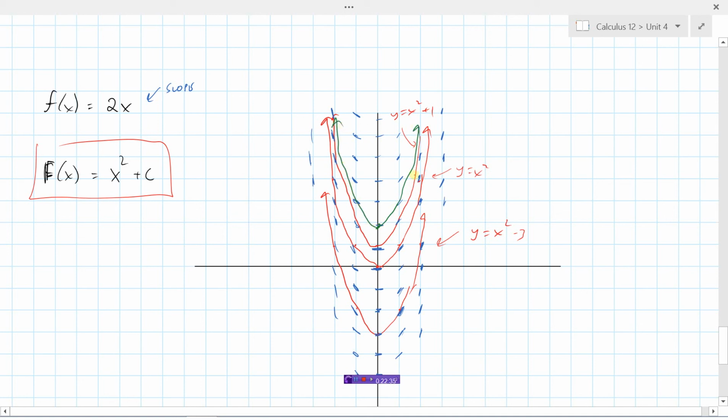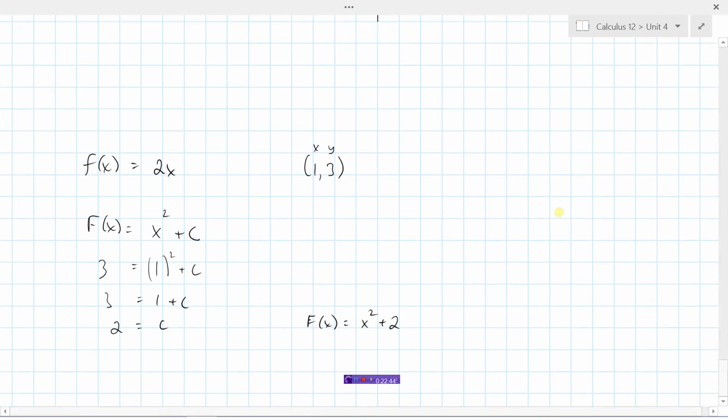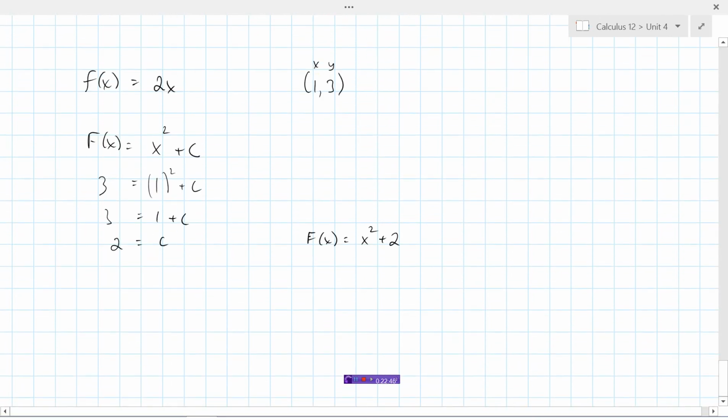So the only way we can solidify which of these integral curves is the correct one, or the one that we're asked to find, is if they actually give us a point on the integral curve. It's the only way we can find out what c is. We'll look at one more example like that.